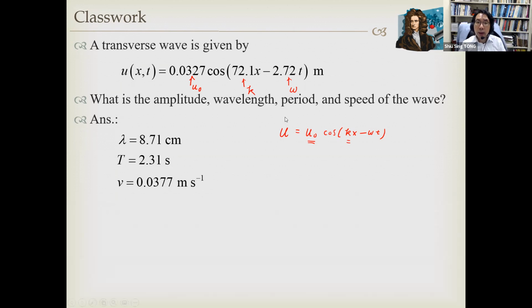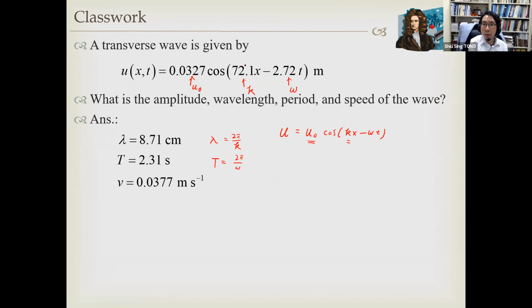So with omega, k and u naught, you can calculate the wavelength. The wavelength is just related to the constant k by this formula. k is 2 pi over lambda, so you just make lambda the subject. And the period T is just related to the frequency omega by 2 pi over omega.